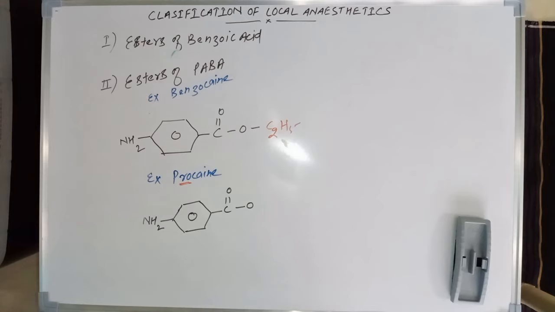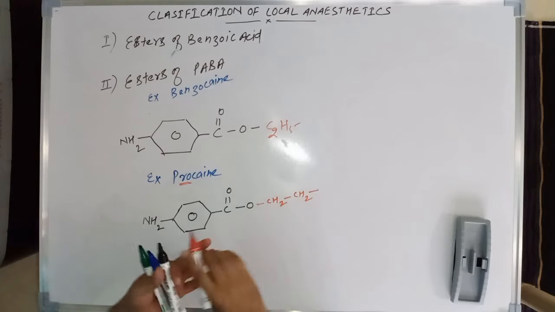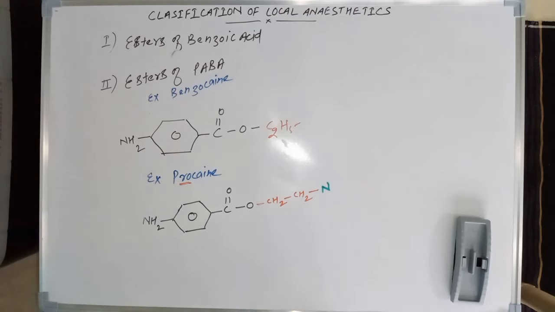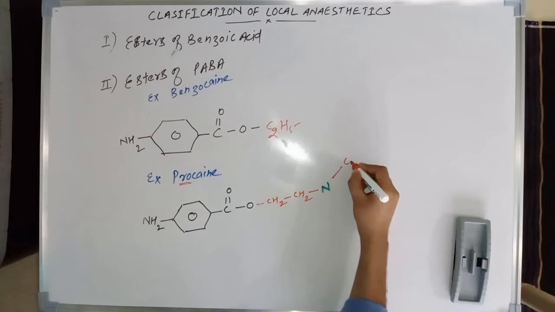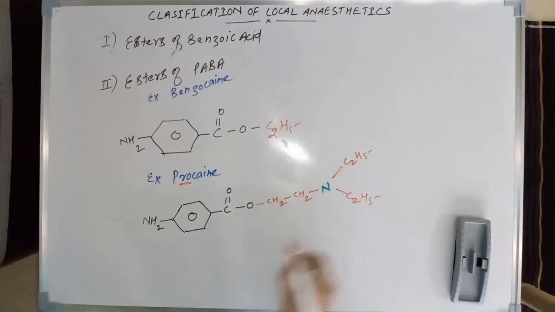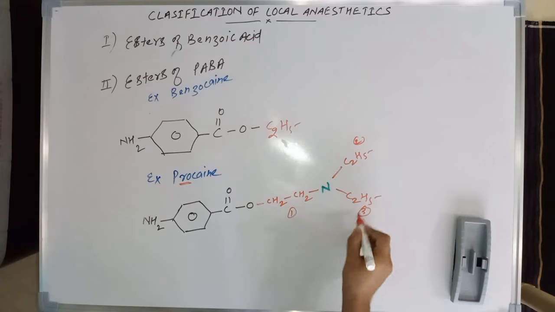Now pro means CH2, then N, and on this N there is again one ethyl group, which is the characteristic feature of local anesthetics, C2H5. So one ethyl group, a second ethyl group and a third ethyl group. So there are 3 ethyl groups. That's why its name is procaine.